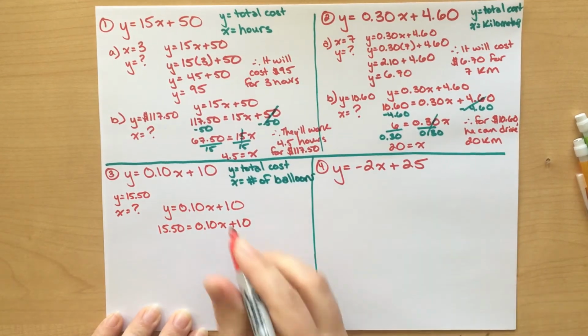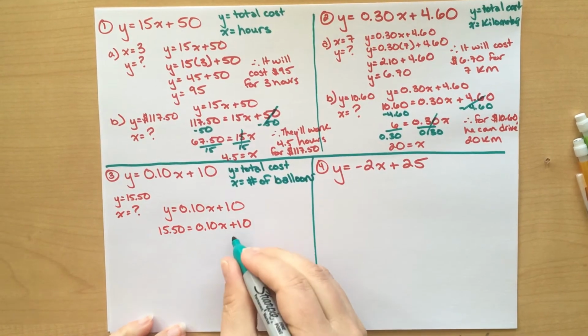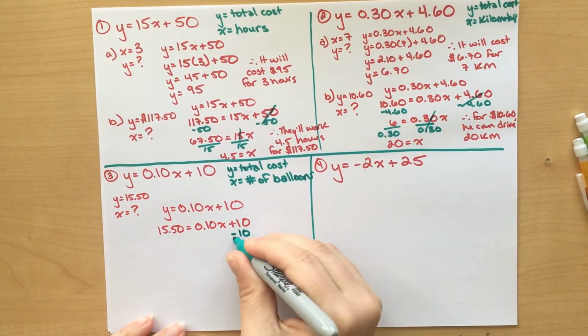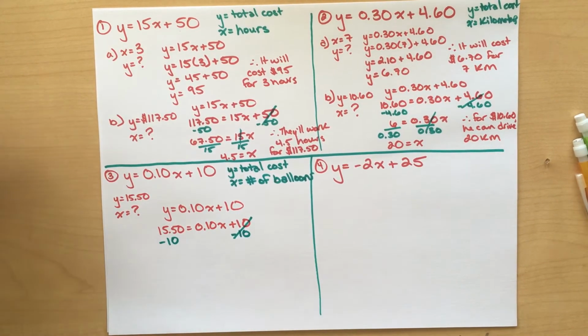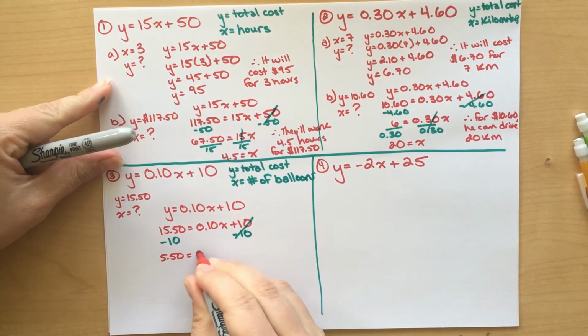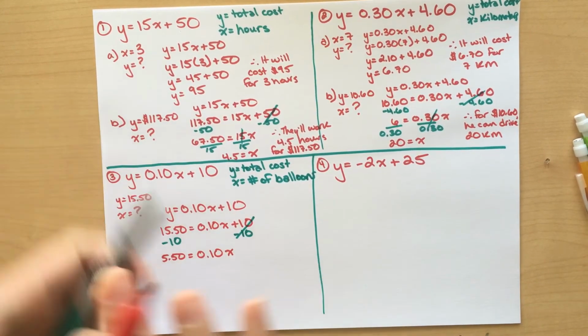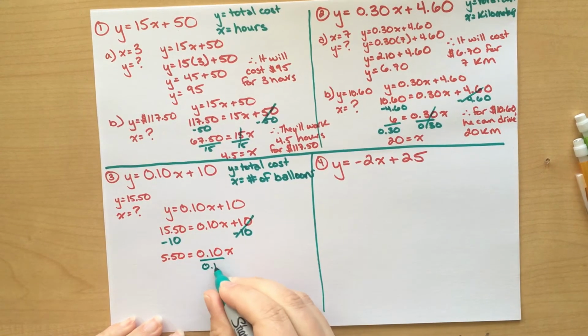All right. So back to our balance method. We want to move the addition, get that gone by using a negative. What we do to the one side, we have to do to the other. 15.50 subtract 10 will leave us with 5.50. And then we still have that 10 cents attached to the x. We get rid of that multiplication by doing the division.